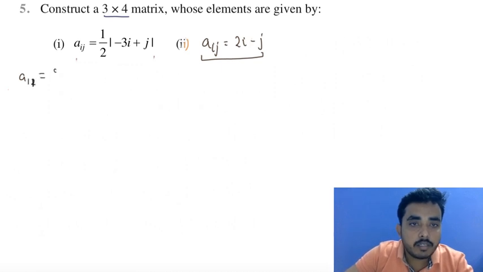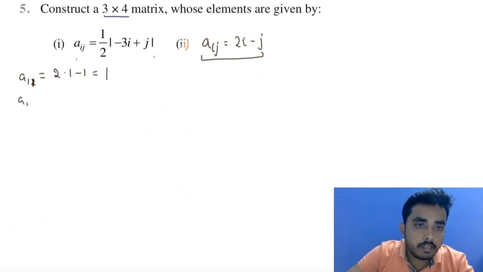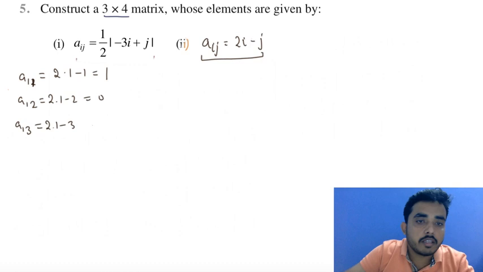A11 is 2 into 1 minus 1. This is 1. A12 is 2 into 1 minus 2, which is 0. A13 is 2 into 1 minus 3, which is minus 1. A14, 2 into 1 minus 4, which is minus 2.